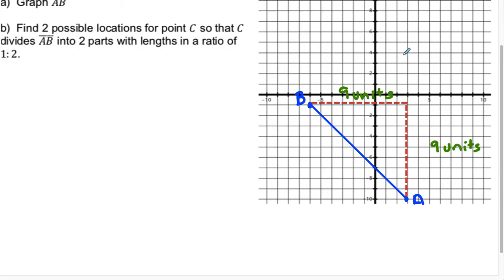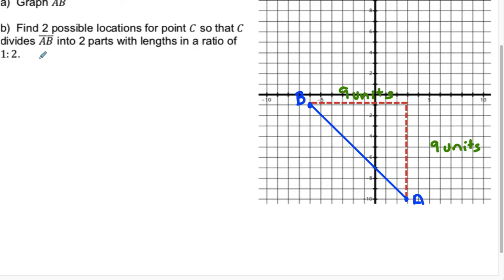Okay? So once I've clearly labeled my vertical distance and my horizontal distance, the next part is to look at the ratio that they're asking me to follow. The ratio they're asking me to follow is to divide it into two parts using the ratio of 1 to 2 units.